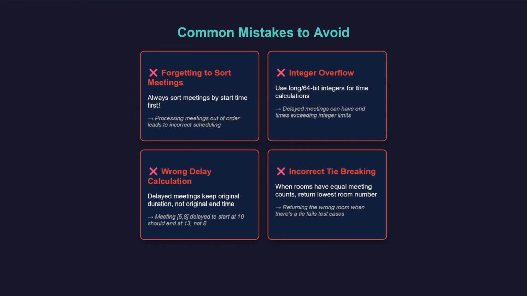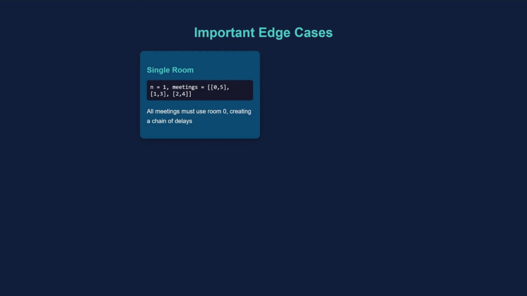Third, wrong delay calculation. Remember that delayed meetings keep their original duration, not their original end time. A 3-hour meeting remains 3 hours long, regardless of when it starts. Fourth, incorrect tie breaking. When rooms have equal meeting counts, you must return the lowest numbered room. These mistakes are common in interviews, so double-check for them.